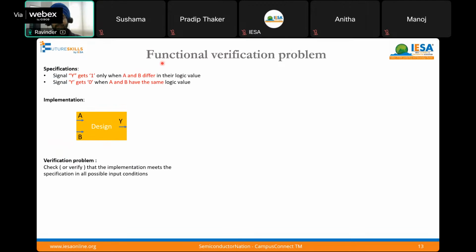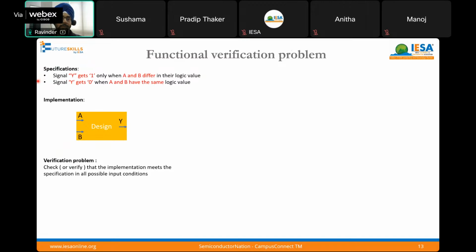Okay, so the functional verification problem. As we discussed, everything starts, the design team's job starts, from the specification. So assume this is the specification given to the design team: create a design, the output of which, y, gets the value 1 only when A and B differ in their logic value.